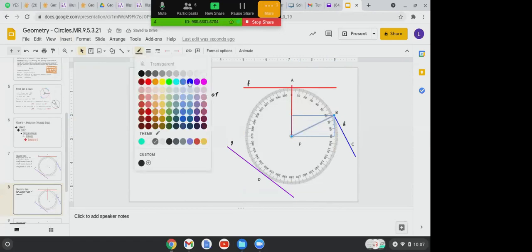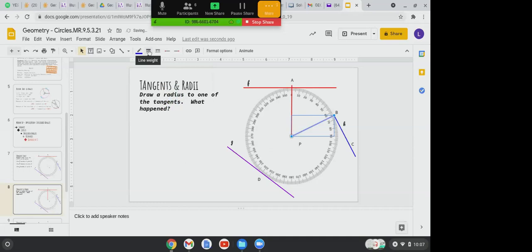And again, that's all right. Or you may have chosen to add your radius here.